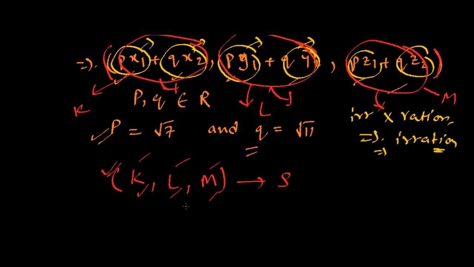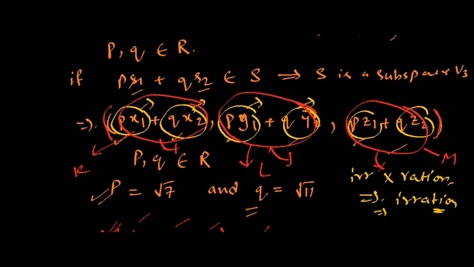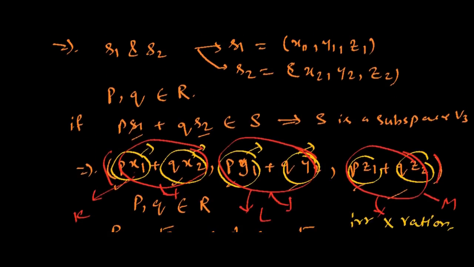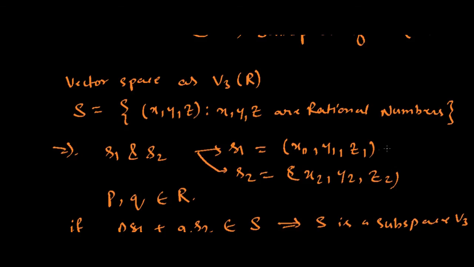They are not rational, they are irrational, so the vector does not belong to S. Our test is failing here. We are not able to show the condition that was required by the test.